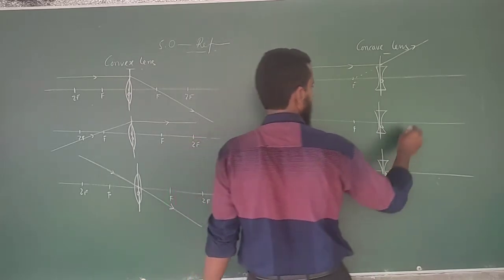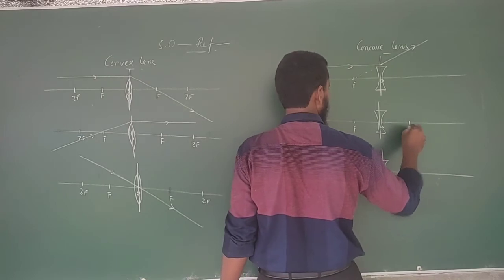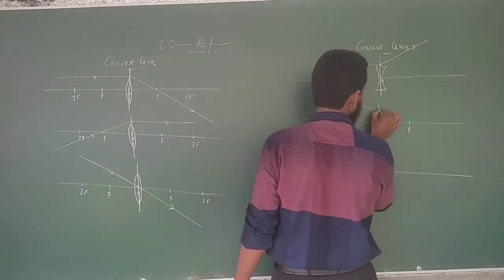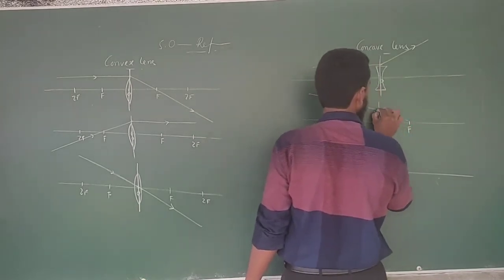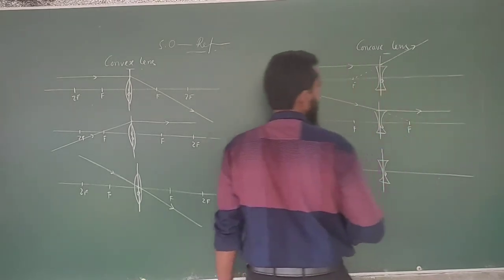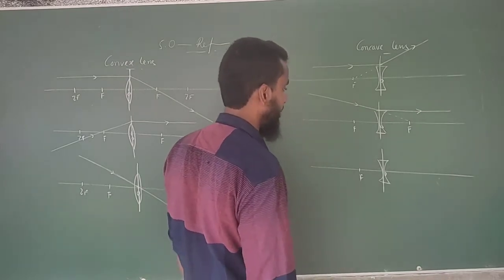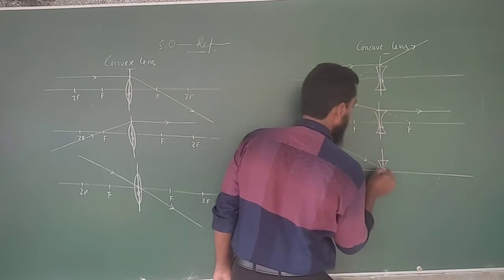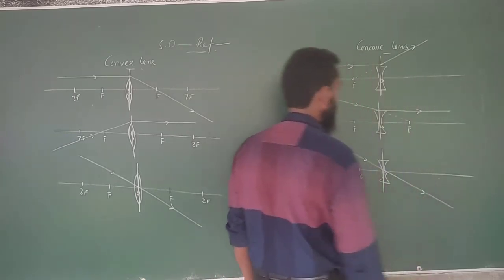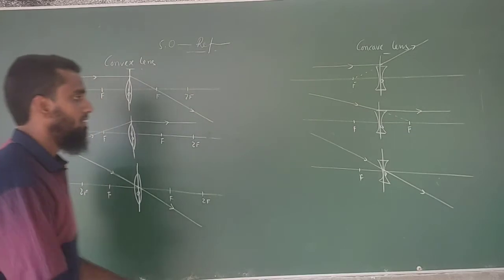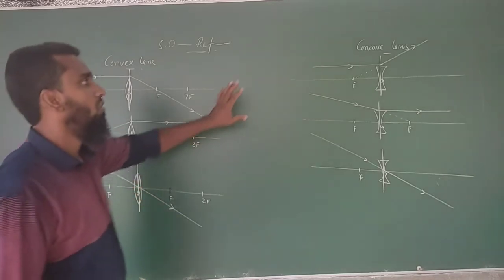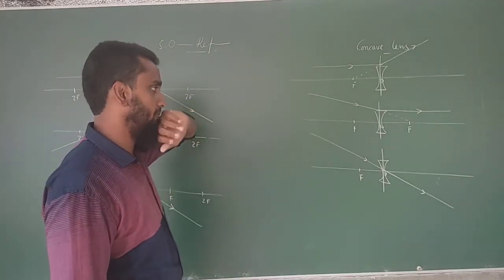The second, here you have the secondary focus: the ray which is coming towards the focus will go parallel to the principal axis after the refraction. The third, the ray which is going through the optical center doesn't refract, it will go in the same path. Right, these are the 3 ray diagrams of concave lens.